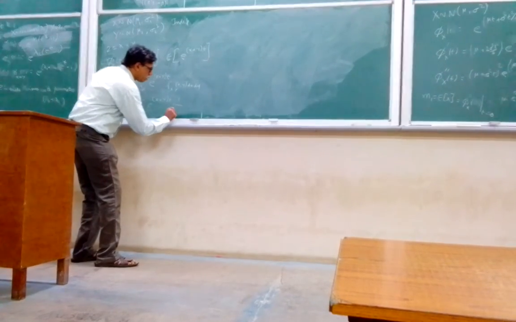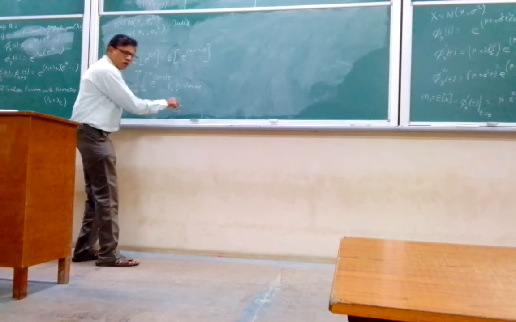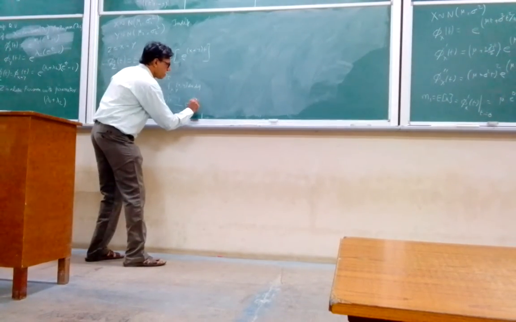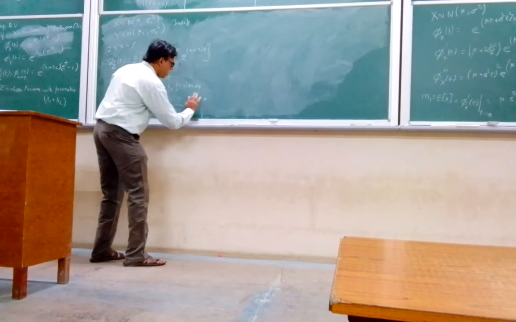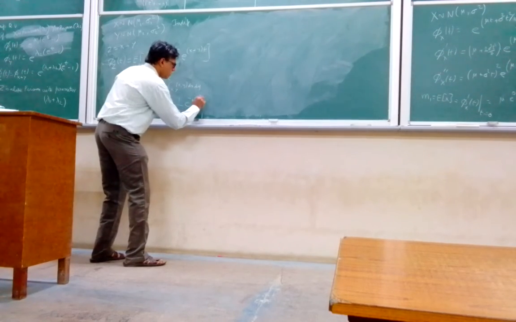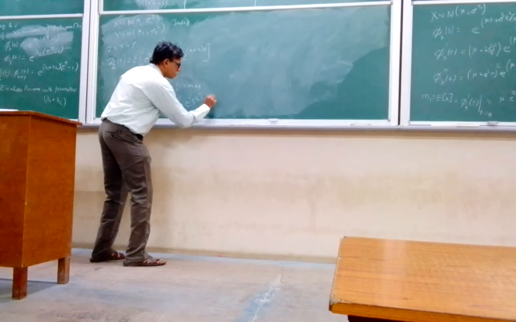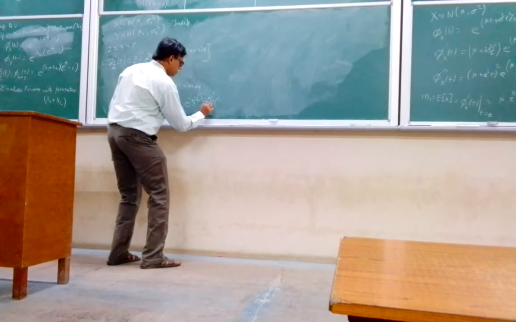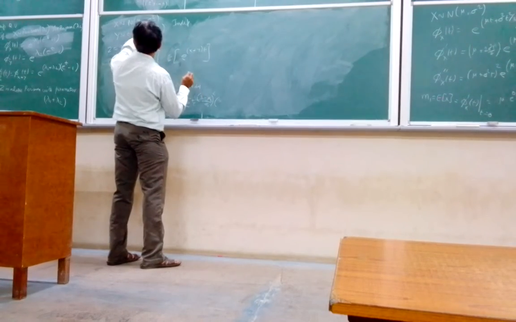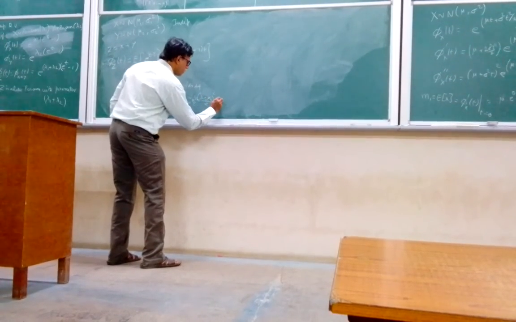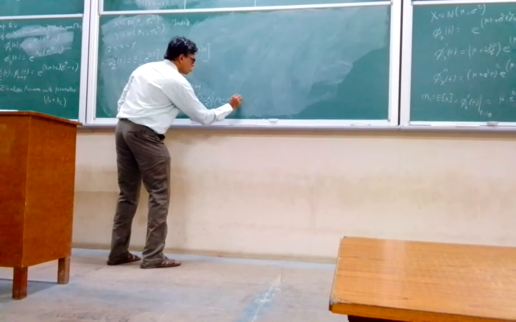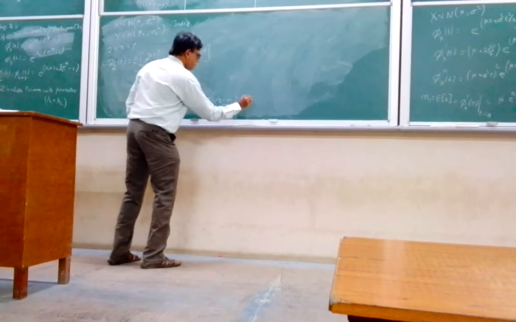It is 1 over 2 pi, times e power of minus 1 half into (x minus mu 1 by sigma 1) the whole square plus (y minus mu 2 by sigma 2) the whole square, dx dy.